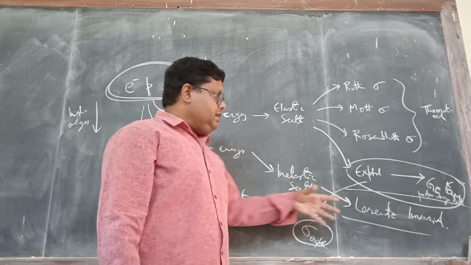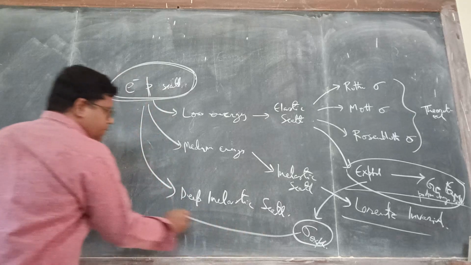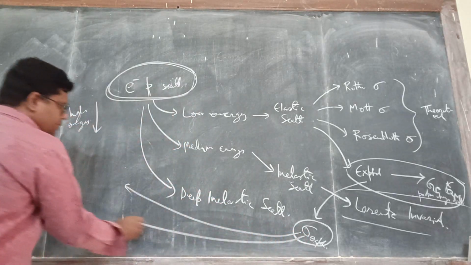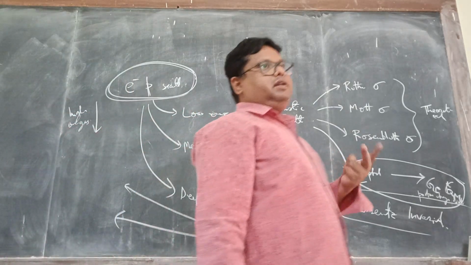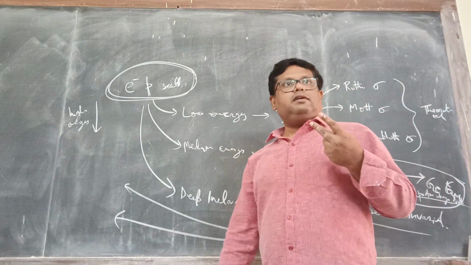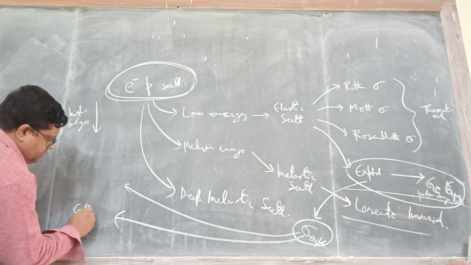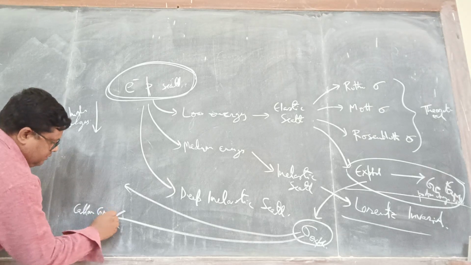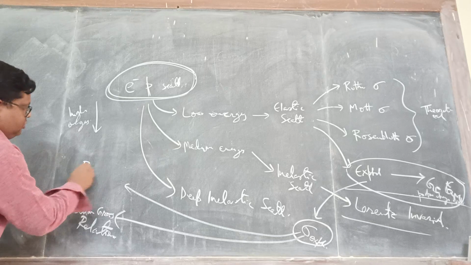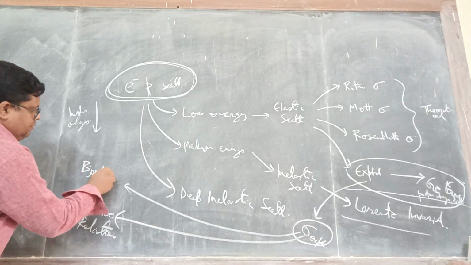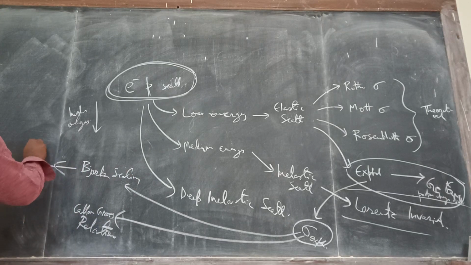This we will see today, and later on, after comparing with experiment, in case of deep inelastic scattering, we will obtain two very important results. One is the Callan-Gross relation, and another is Bjorken scaling. Later on, we will also talk about scaling violation as well.